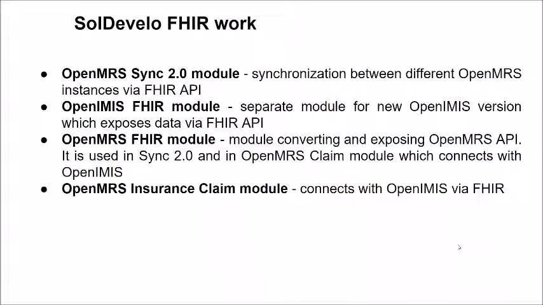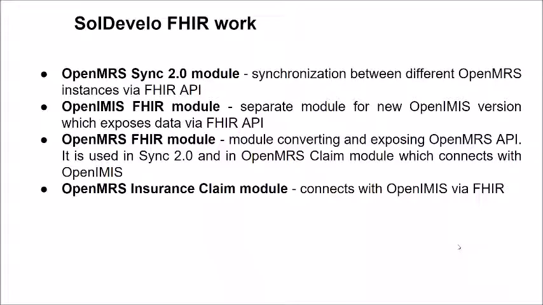Currently, the new version of openIMIS is modular. So the FHIR module is a separate module which converts the current schema to the FHIR model and exposes it via API. So this is the module which can be used to communicate with different systems. I will show you on the next screen how it works underneath. We also had some experience with the openIMIS FHIR module.